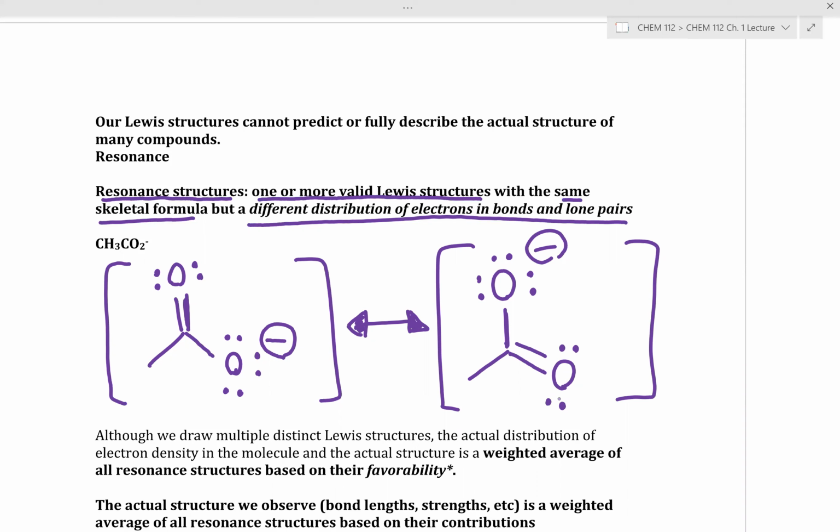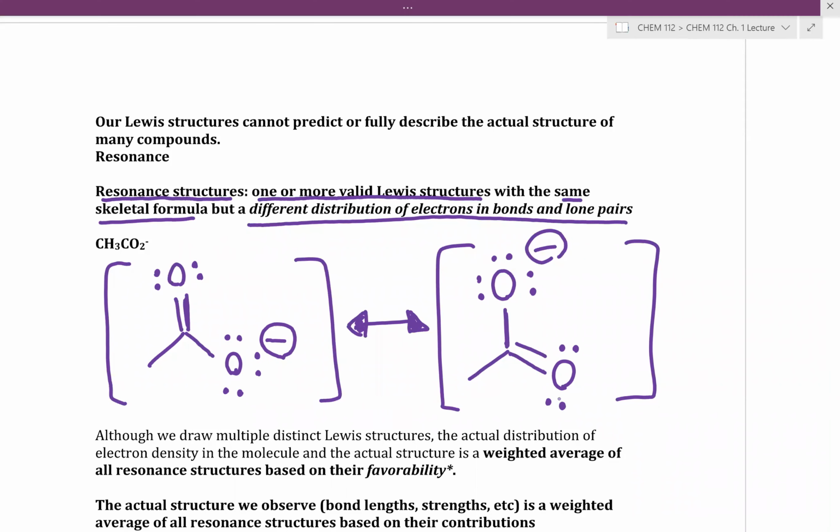We have the same connectivity of atoms, but is there a change in how our electron density is distributed? Is there a change in how we have drawn our lone pair and double bond? Yes, so this is the principal idea of a resonance structure. Same skeletal connectivity, different drawn arrangement of electron density.